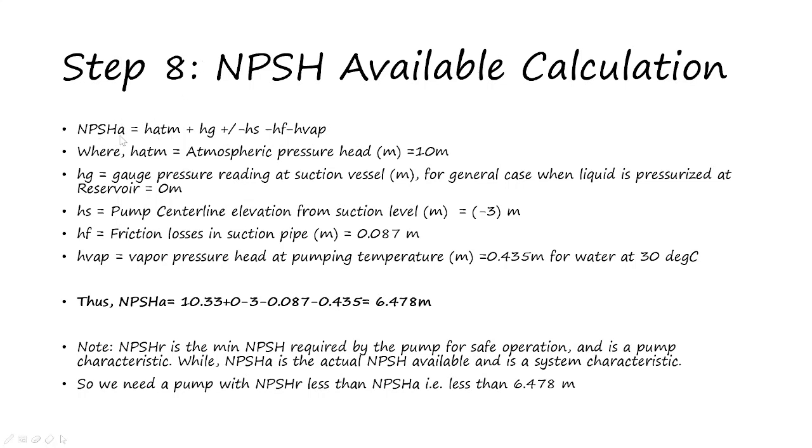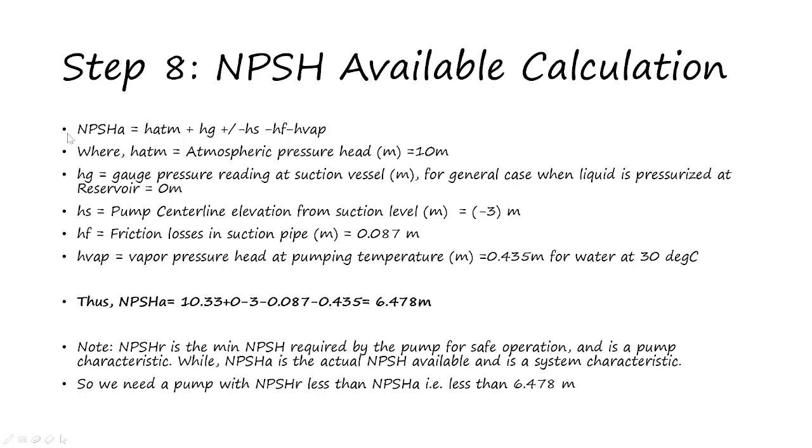The equation for NPSH available is atmospheric pressure head plus gauge pressure at the suction point, plus or minus elevation, or you can say it as a suction lift or suction side head, minus friction loss, head loss due to friction in meters. Every value in this equation is in meters, minus vapor pressure. So you have to convert this vapor pressure in meters.